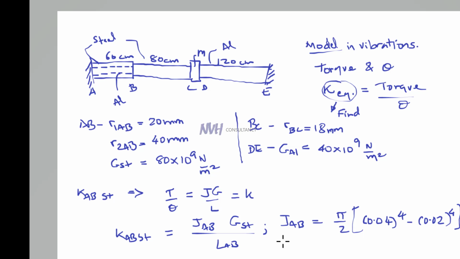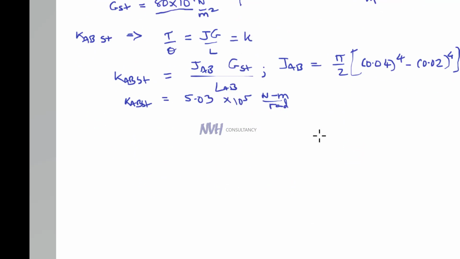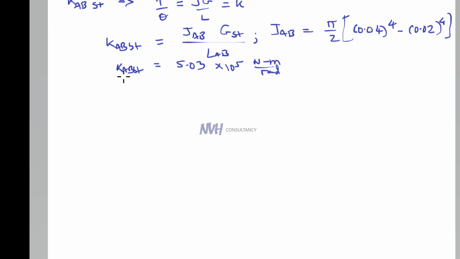And the steel modulus is given already, 80 gigapascal. The length of this is about 60 centimeters, so 0.6 meters. So KAB of steel comes out to be 5.03 times 10 to the power 5 Newton meters per radian. So this is for the steel portion.